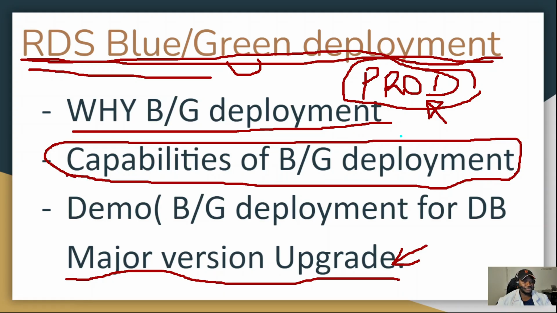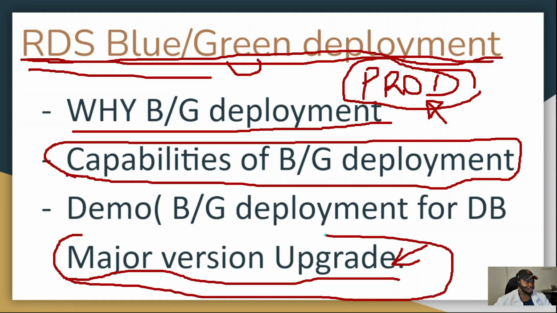When they talk of blue-green deployment capabilities, just know that it is used for major changes in your RDS instance with little or no downtime. As I explained, the goal at first was major version upgrades of your RDS instances. So let's move forward.